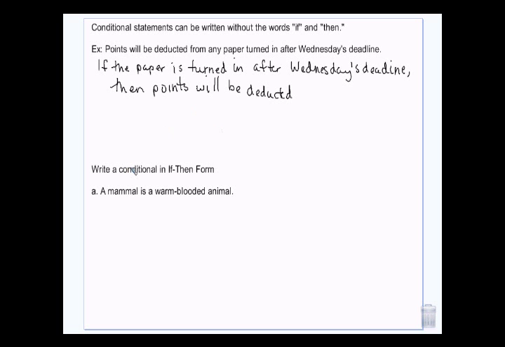Okay, so a mammal is a warm-blooded animal. There's a couple of ways that you could write this one, actually. I could say, if an animal is a mammal, then it is warm-blooded.